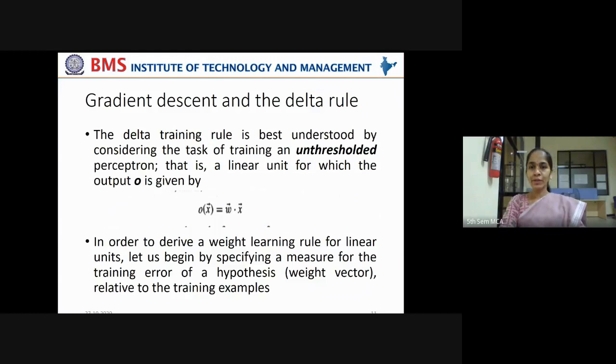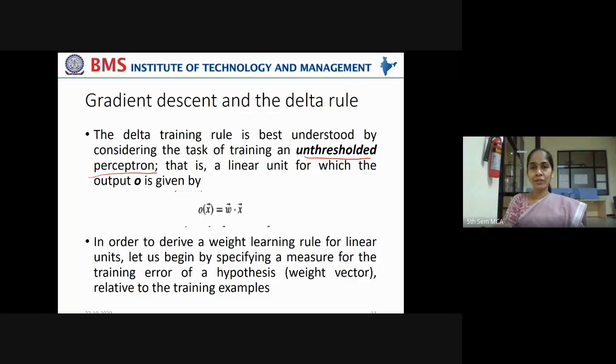Now, the delta training rule is best understood by considering the task of training an unthresholded perceptron. There is no specific threshold that we maintain. Normally in a perceptron, beyond a threshold the output has to be fired. Say greater than 0, it has to fire +1.